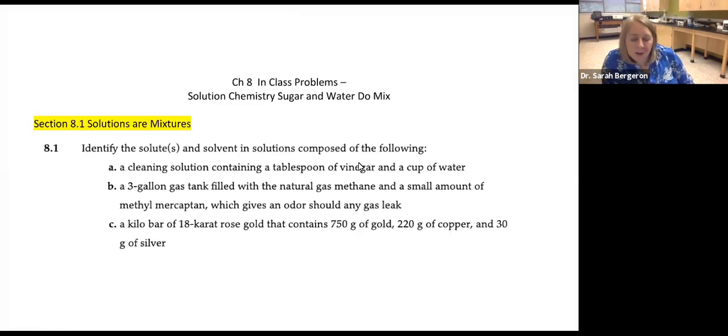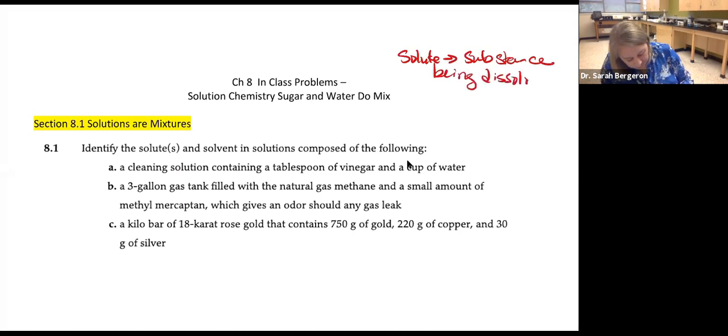All right, so here are our in-class problems. Remember, your little things to write down: your solute is the substance being dissolved, and you have a small amount of it.